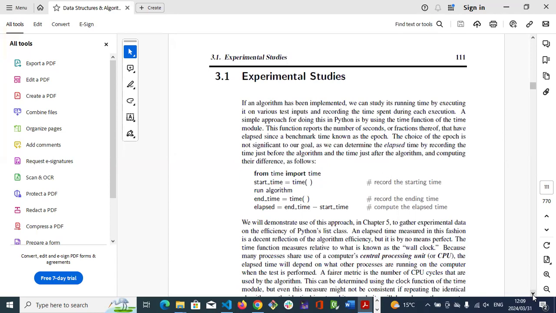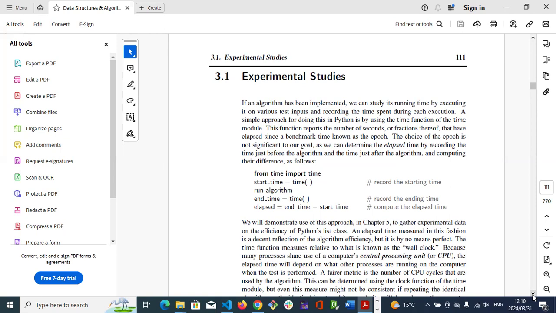This function reports the number of seconds, or fraction thereof, that have elapsed since a benchmark time known as the epoch. The choice of the epoch is not significant to our goal, as we determine the elapsed time by recording the time just before the algorithm and the time just after the algorithm, and computing their difference.